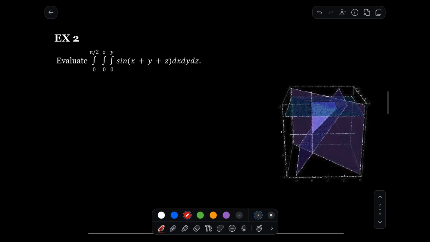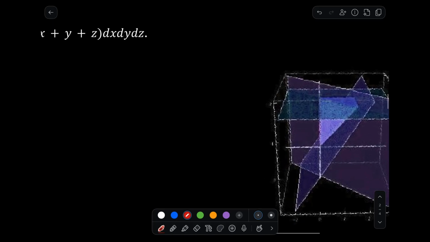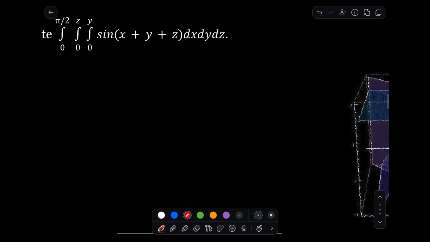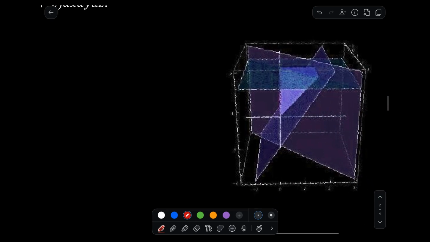Now for example 2, we're actually going to evaluate the triple integral. You can look right here and see that we have all of these different planes crossing and intersecting with each other. The cool thing about this is that we can actually illustrate it.